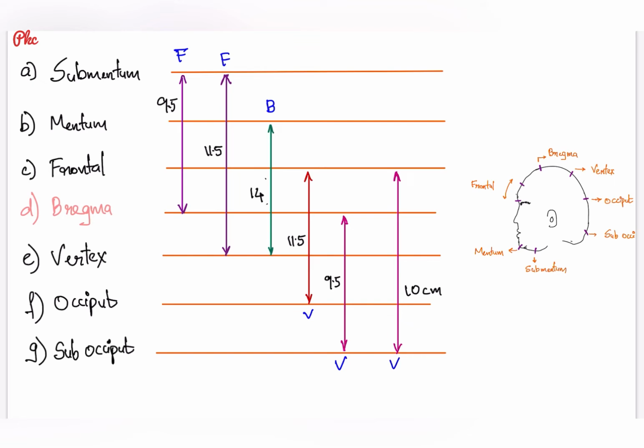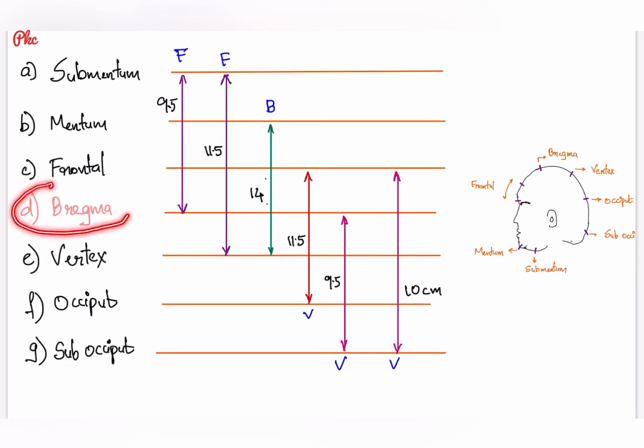As I told you, start with submentum, go clockwise like this: mentum, then frontal, bregma, vertex, occiput, and lastly subocciput. So there are 7 points.